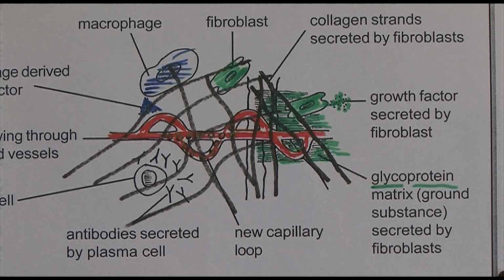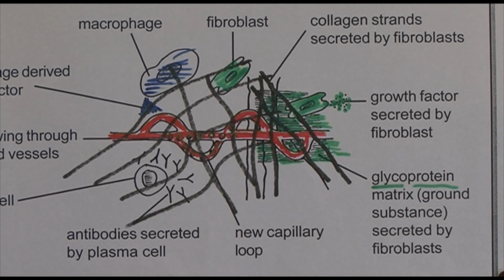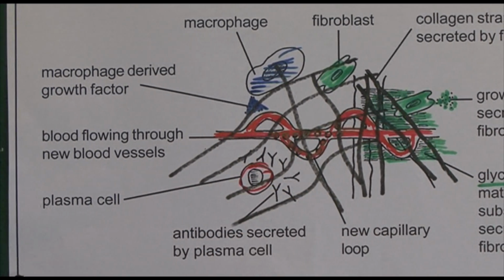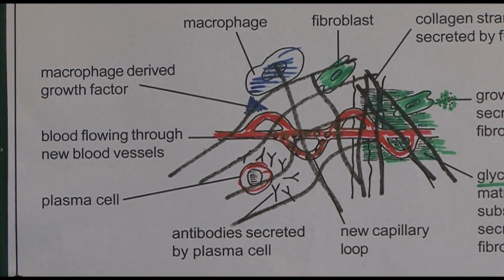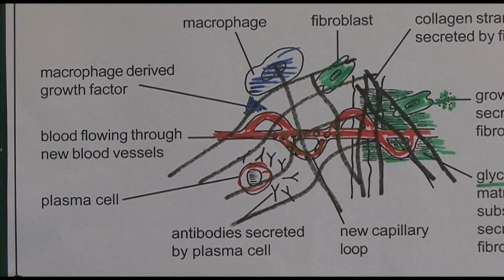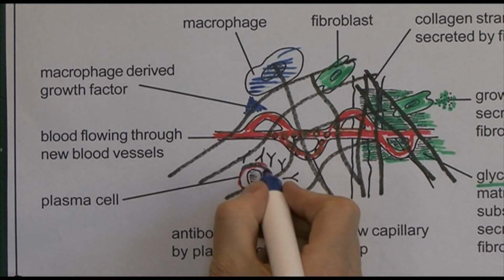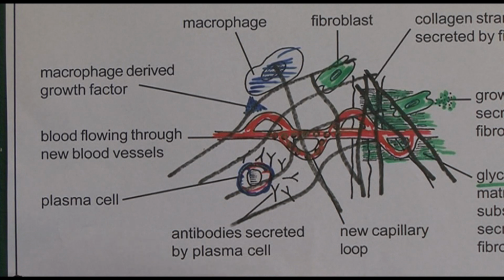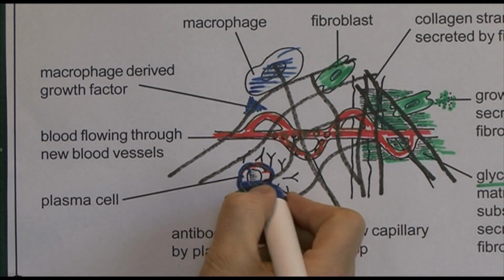And also in this diagram we see that plasma cells, lymphocytes here, have been attracted into the wound. These aren't red, of course, they're leukocytes, they're white blood cells. Plasma cells are derived from B lymphocytes.